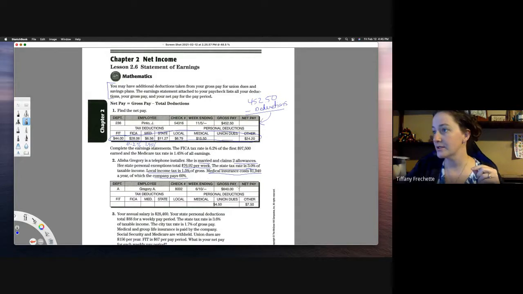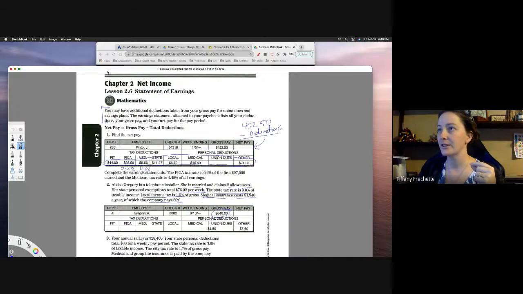She earns $640, and we're making the assumption this is weekly because it doesn't actually say it in the problem. Sometimes we do get to make those assumptions.